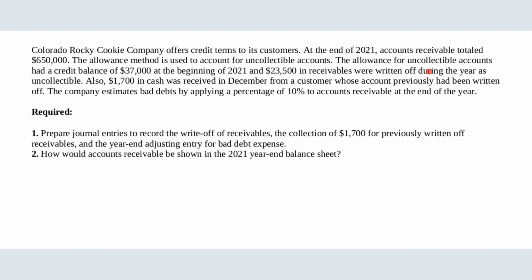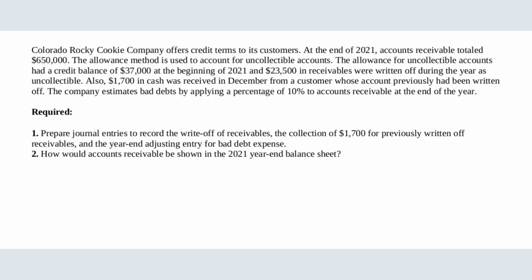The allowance for uncollectible accounts had a credit balance of 37,000 at the beginning of 2021, and 23,500 in receivables were written off during the year as uncollectible. Also, 1,700 in cash was received from a customer whose account was previously written off. The company estimates bad debts by applying a percentage of 10% of accounts receivable. Wow, that's kind of high.